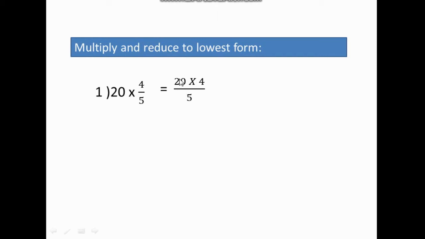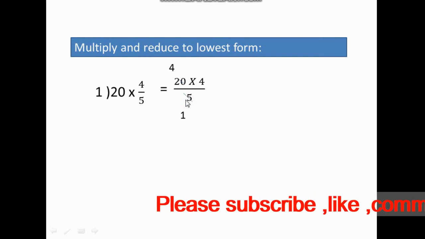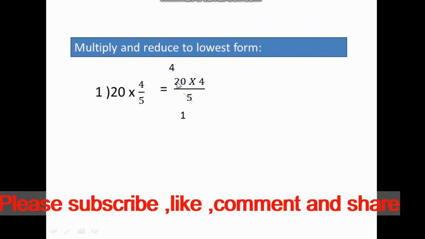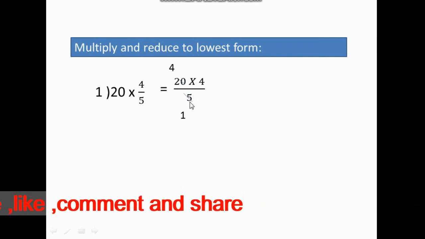So what is 20 divided by 5? It is 4, that is 4 5s are 20. Then 5 divided by 5 is 1. So we divide both 20 and 5 by 5.